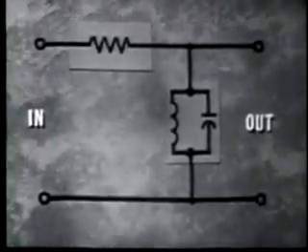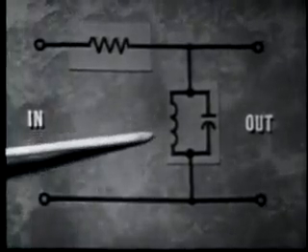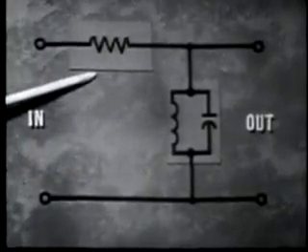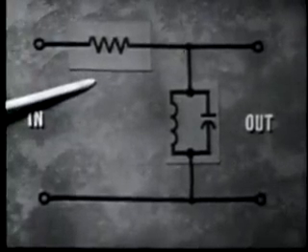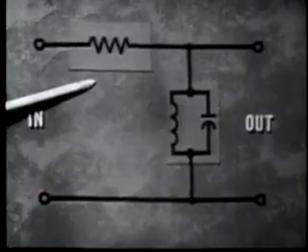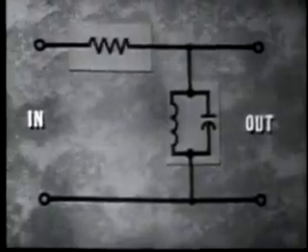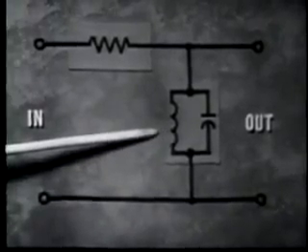Now, since we only want to determine its effect on the input frequency, we'll use a resistor in the series position of the filter, because the resistor is not a frequency-sensitive component and it'll have no effect on the input frequency. Thus, any frequency effects we see in the output must be due to the action of the parallel tank circuit.